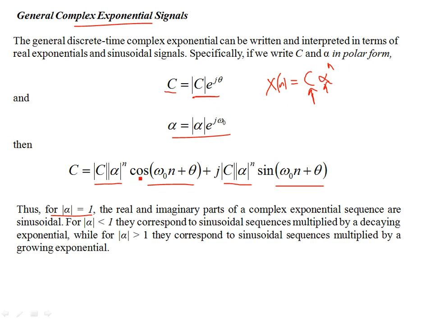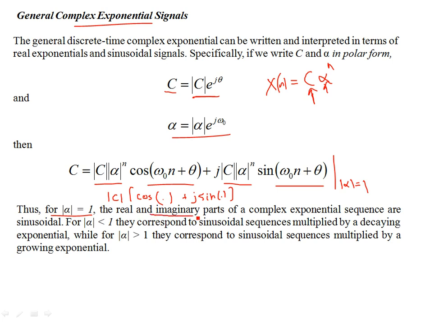Then that means we simply have sinusoids, right? For magnitude of alpha equal to 1, we are only considering magnitude c times the cosine part and the sine part. So this would be cosine of omega naught n plus theta, plus j sine of the same argument. So we're just having sinusoids in the real and imaginary parts of the sequence.